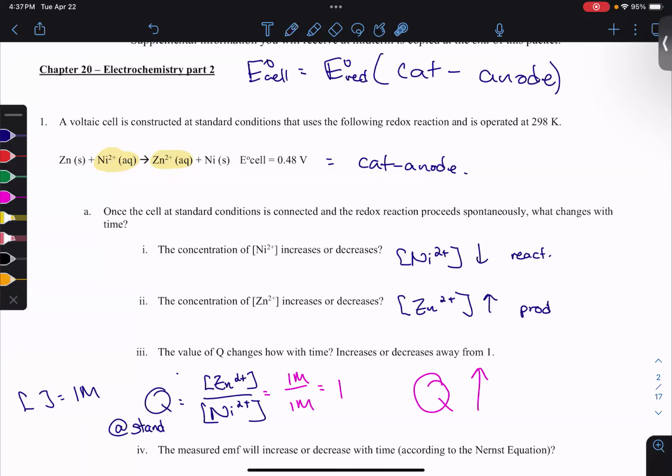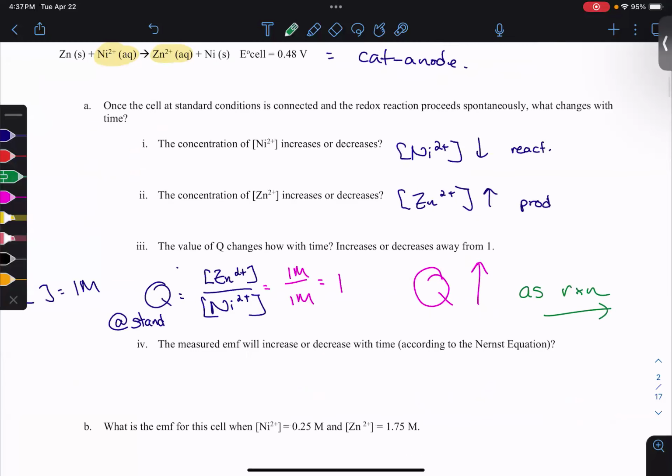Or think of it this way: as your reaction moves forward, you make more product and you have less reactant. What is Q, what is K? It's products over reactants. So it makes sense that the value of Q is growing, getting bigger, because you're making more products.